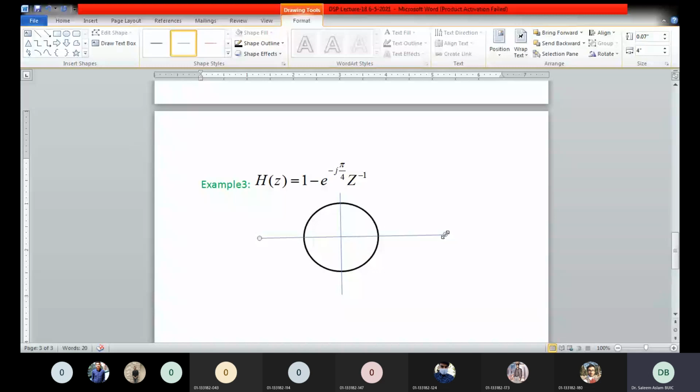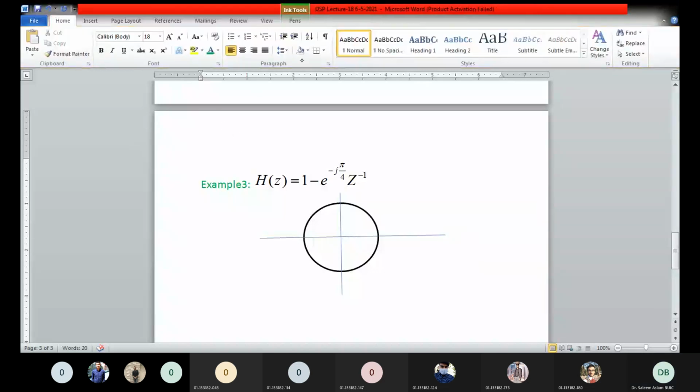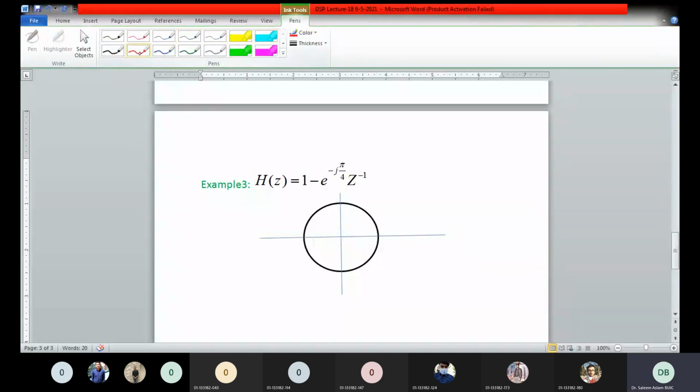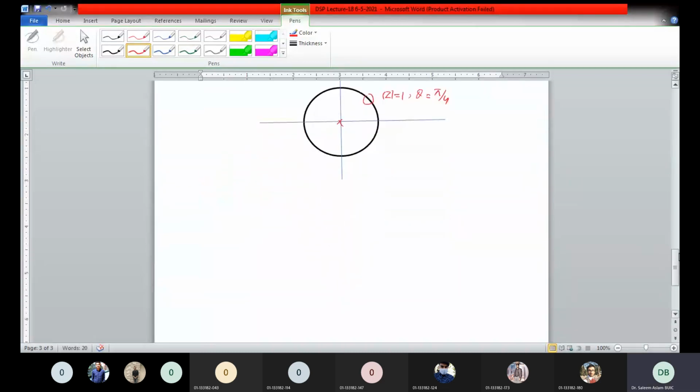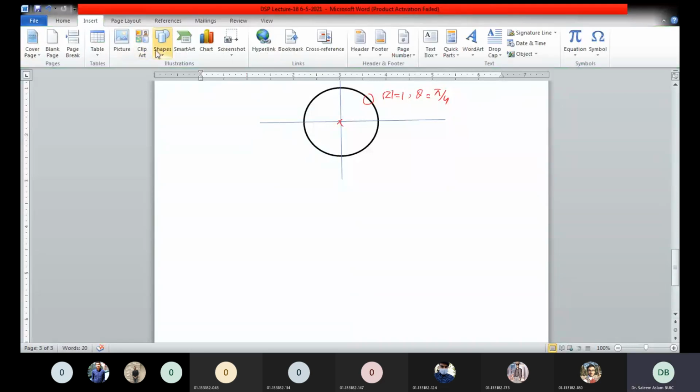If I draw its pole zero diagram, it will be like this. z mod is equal to 1 and theta is equal to pi by 4. Actual z mod is equal to 1. Right, and you have one pole here. Now if I want to draw the magnitude spectra of this system, it would be like this.